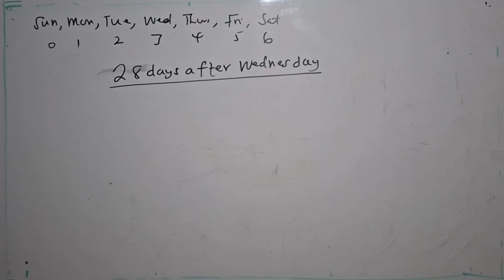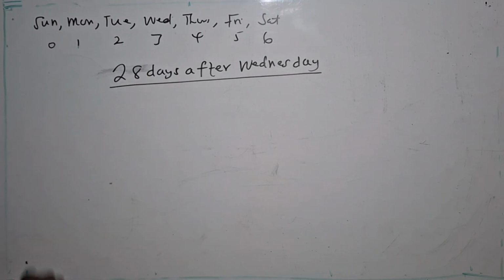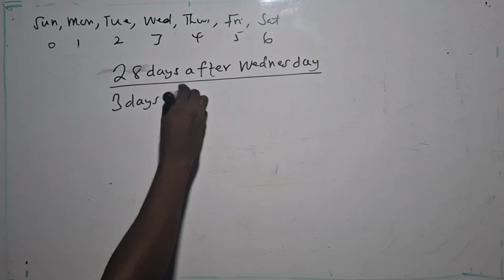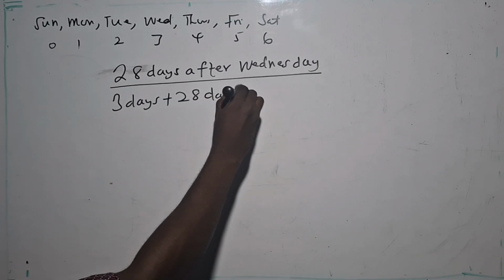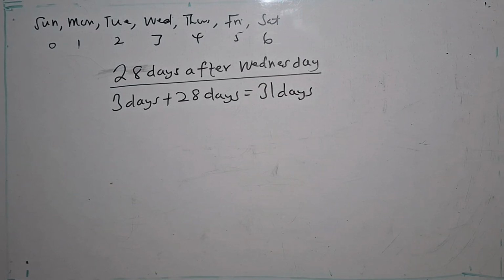So what you have to know is that for after, we add. So 28 days after Wednesday, we add. Wednesday is 3, so 3 days plus 28 days gives us 31 days, which is more than our 7-day guide that we are using. So we have to use a repeated subtraction method.